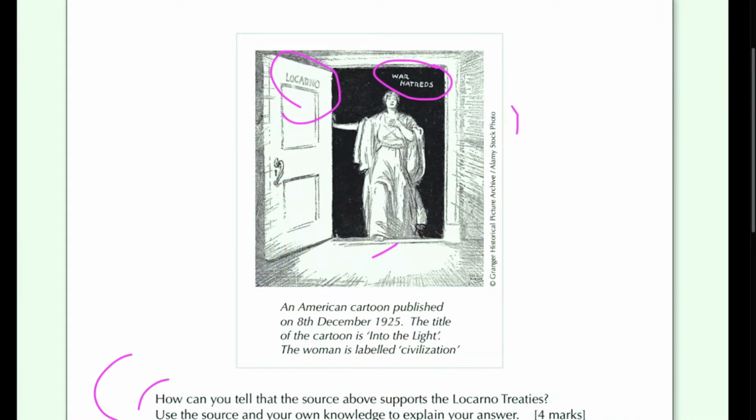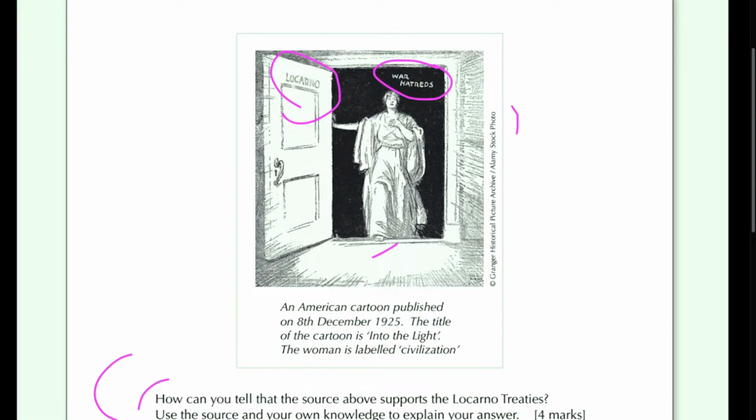A fonte de quem criou essa imagem, né? That's why we say the source, who made this cartoon, who created this picture here. So probably, as we analyze here, he supports. I mean, if he supports, it means he agrees. He thinks that the Locarno treaties were something good, okay?